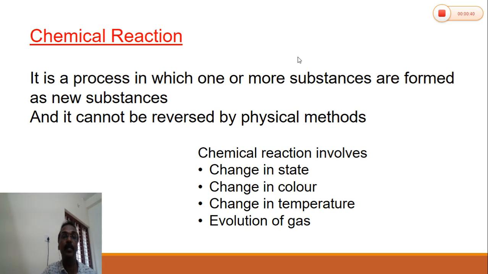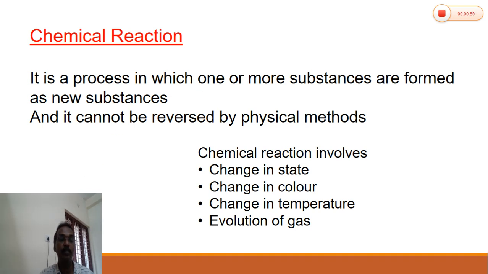What is a chemical reaction? A chemical reaction is a process in which new substances are formed. These new substances will not have the properties of the starting substances.